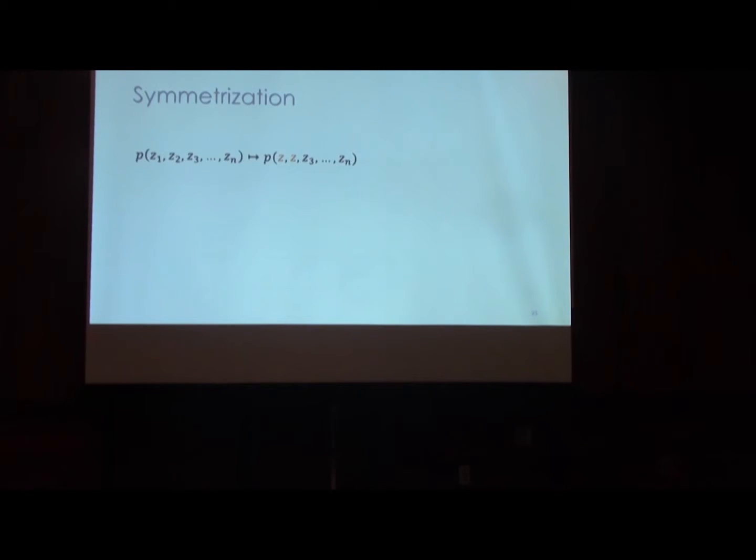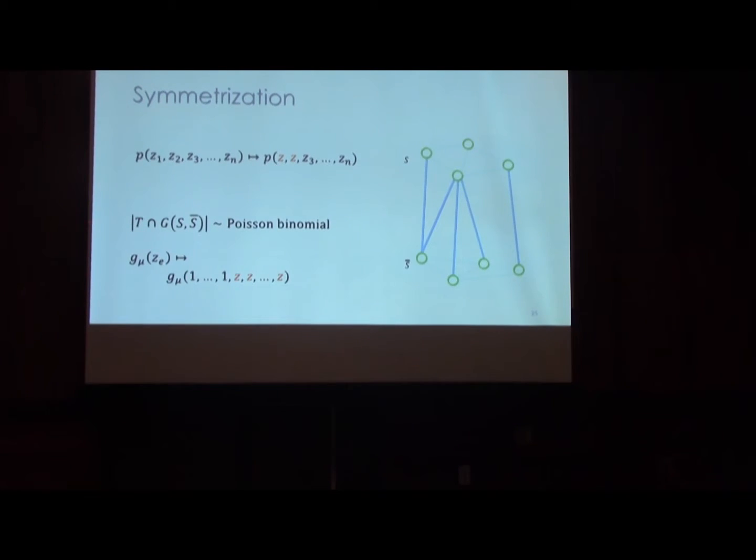There is also this operation called symmetrization, where for two of the variables you plug in the same variable for both. So if you do this to the spanning tree distribution projected on the edges of the cut, you first project on the edges of the cut, and then you plug in the same variable for all of the z's that are in the cut.